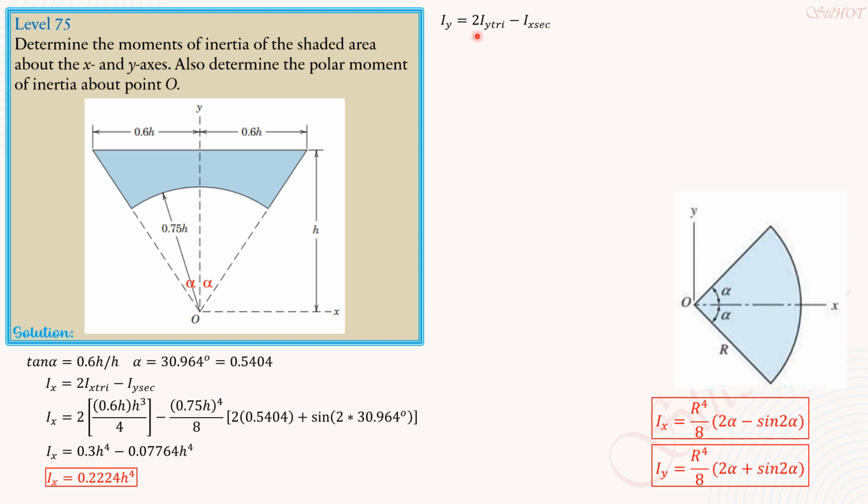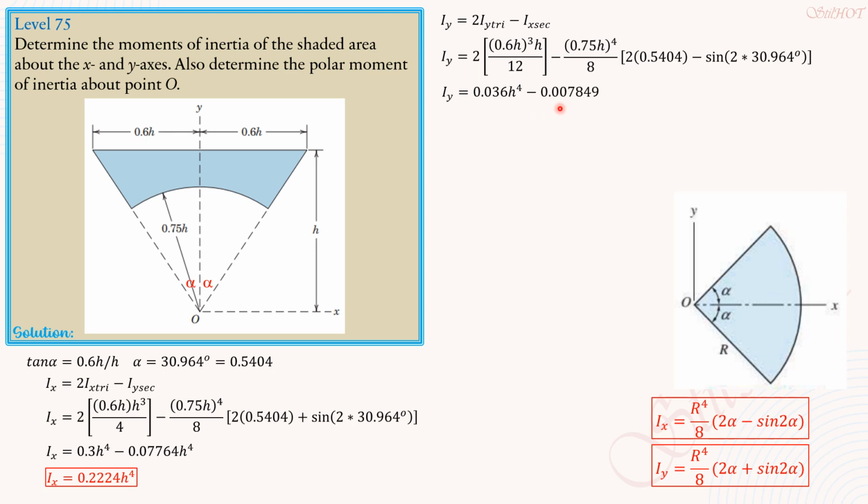So Iy is 2 times the quantity 0.6h cubed times h over 12, then minus 0.75h to the fourth over 8 times the quantity 2 times 0.5404 minus sine of 2 times 30.964 degrees. The value of the first term is equal to 0.0368h to the fourth.